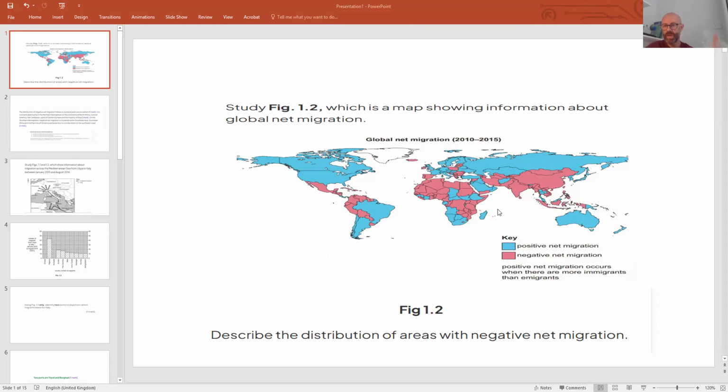So we can say above the equator in the northern hemisphere, there's lots of countries in Africa. Okay, India, and not in Africa, but there's also India and China in Asia, and there's Indonesia, okay, around the Philippines, around those areas. Also north of the equator, we've got places in Central America like Mexico. In South America, we can see places like Venezuela.